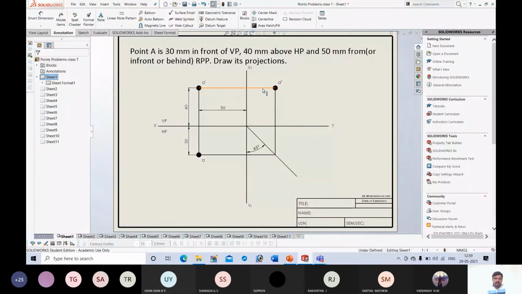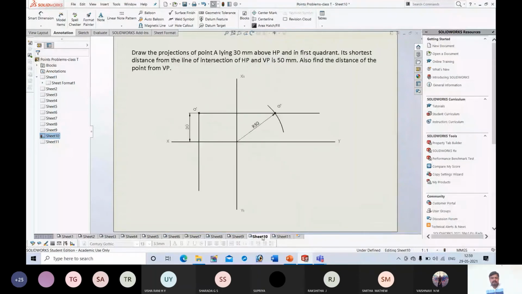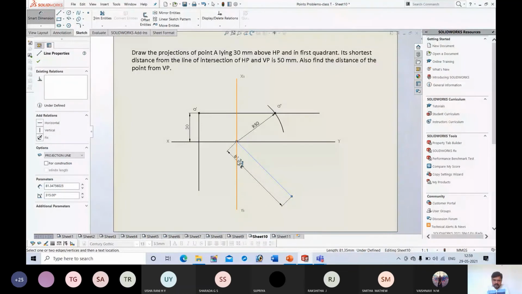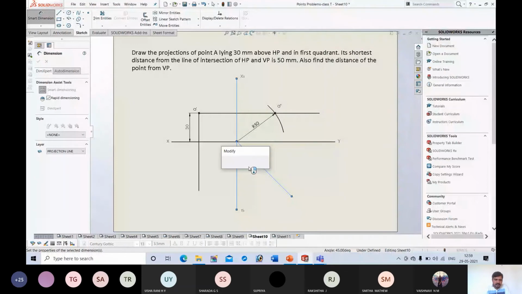What I will do is, first I will draw a 45-degree inclined line. Now I will draw vertical first. This should be exactly vertical. Then I should draw horizontal.